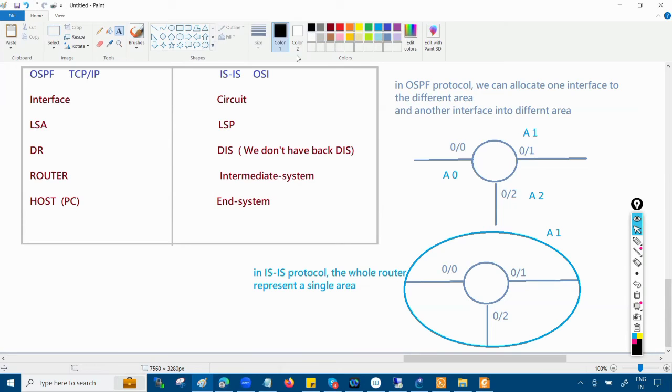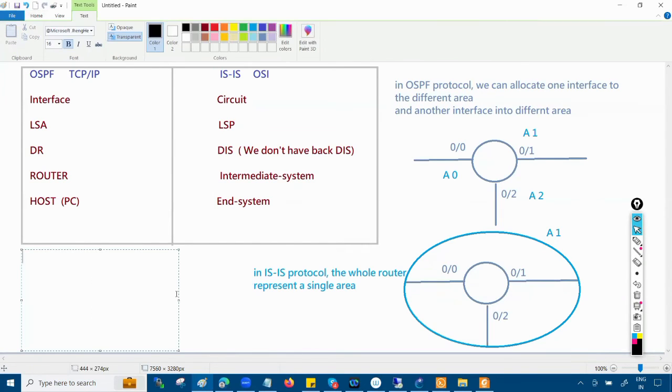Another point I may also mention, that's another difference. In OSPF, if I talk about network types, we have broadcast, which is the default on the Ethernet segment. We have point-to-point, which is the default on the serial link. We have point-to-multipoint, and we have non-broadcast multi-access. 4 types of network we have in OSPF.